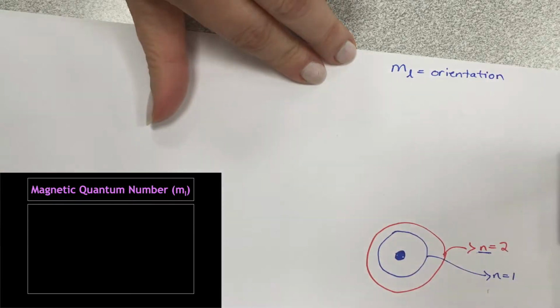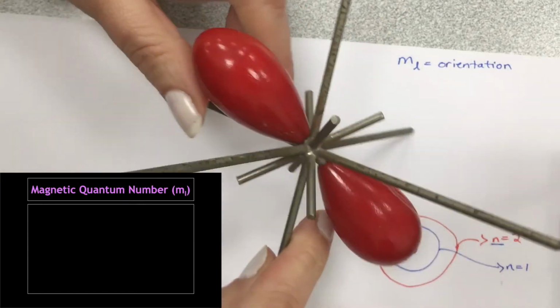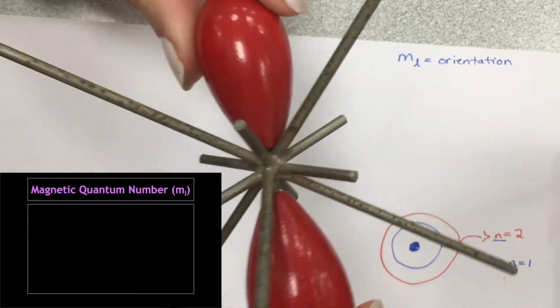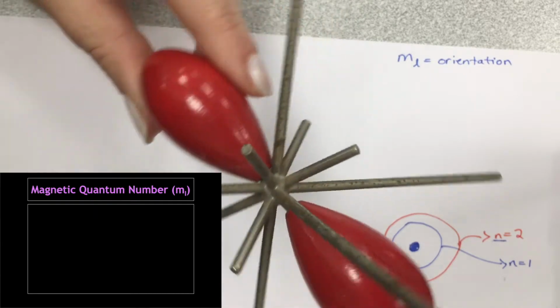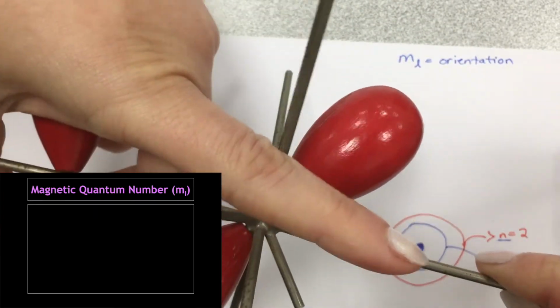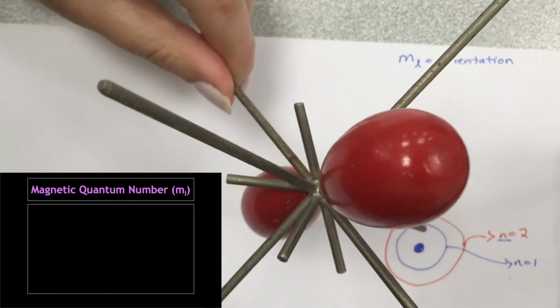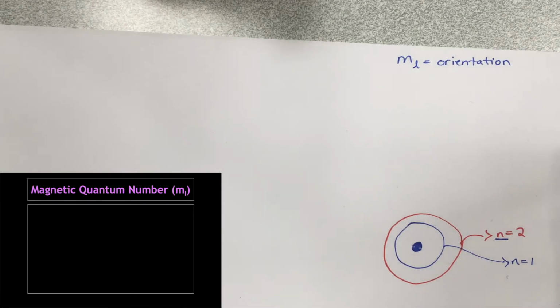Even though you have a P, you have 3 of them. They're not 3 stacked on top of each other. You have one here, another going across it, and another going outwards, like into the screen.